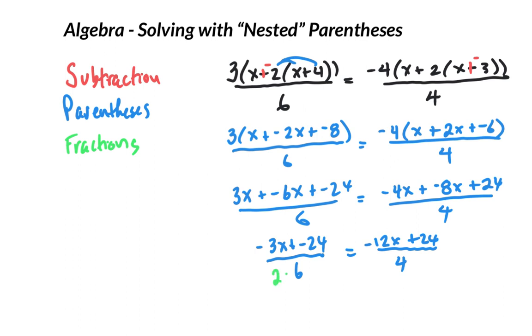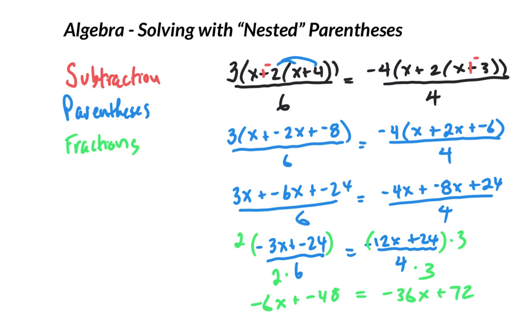So if I did 2 times this, I'd get 12. I just got to do that to the top as well. I did 4 times 3 to the top as well. So let's do that. We're going to have negative 6x plus negative 48. And on the other side, we're going to have negative 36x plus 72.